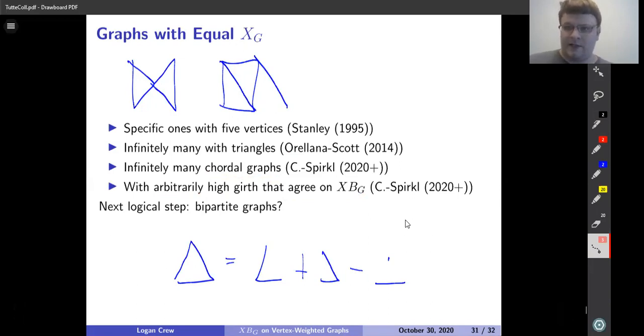We didn't even have an example that showed for sure that triangle-free graphs were not distinguished by XG. We, in fact, give a construction for any size of minimum cycle, and they even agree on XB of G, not just XG. It's not really our original construction because we borrow the construction heavily from a paper of Brailovsky's, where he does the same thing with an equivalent function.